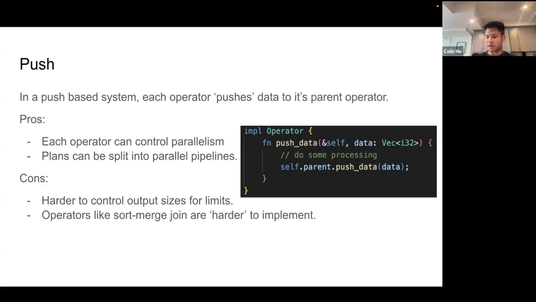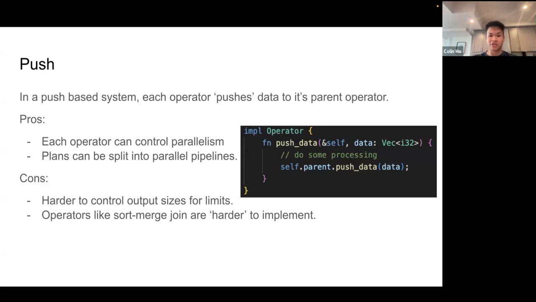So the operator can control how many instances of the parent I want to push data into. Another pro is that plans can be split into parallel pipelines that operate concurrently. And I'll give a nice visualization of what these pipelines are in the next slide.